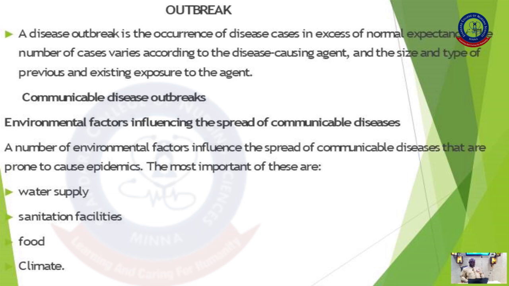So now we have communicable disease outbreak. Environmental factors influencing the spread of communicable diseases. When we say factors influencing the spread of communicable diseases, first of all, what are communicable diseases?